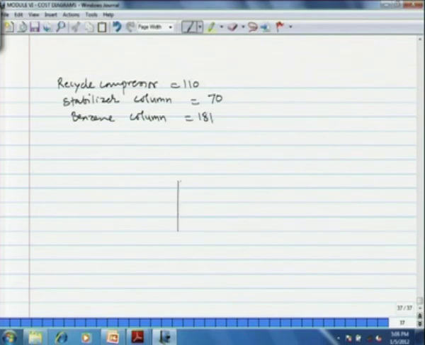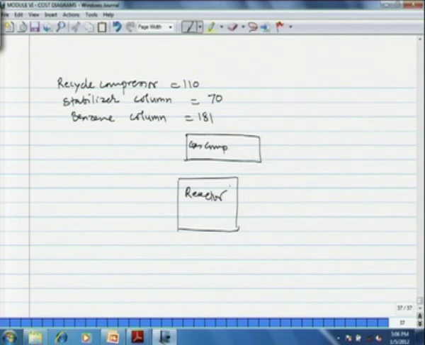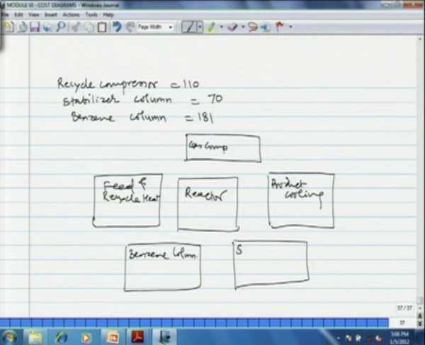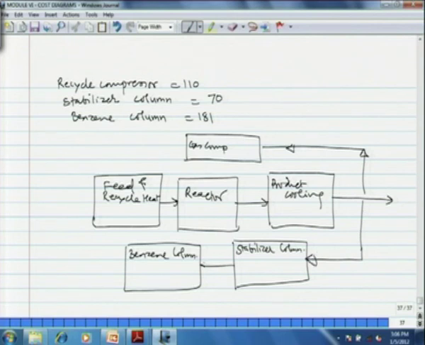The same thing in terms of block diagram. And now we put the numbers inside.